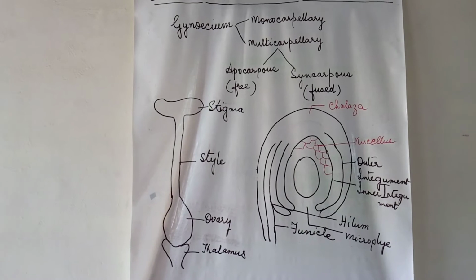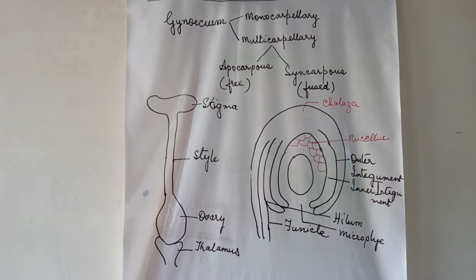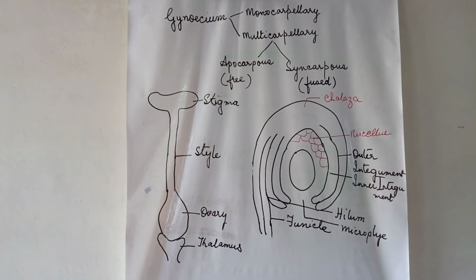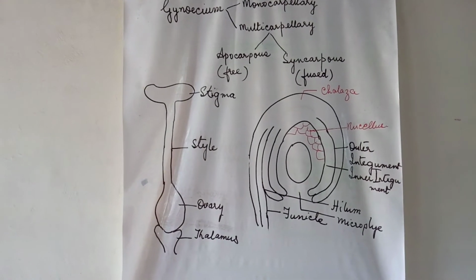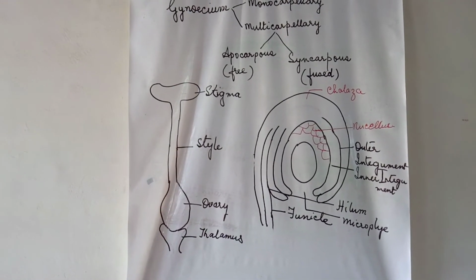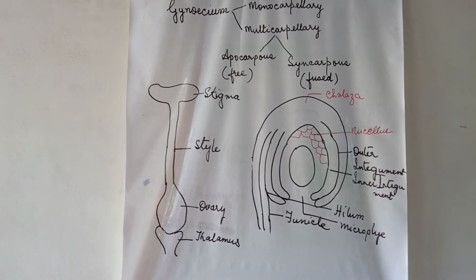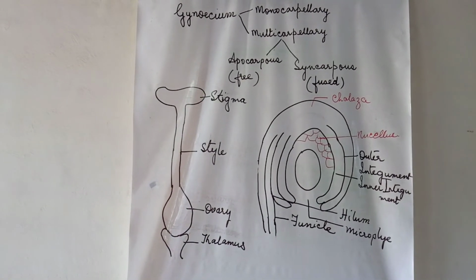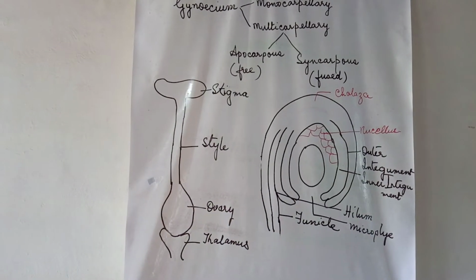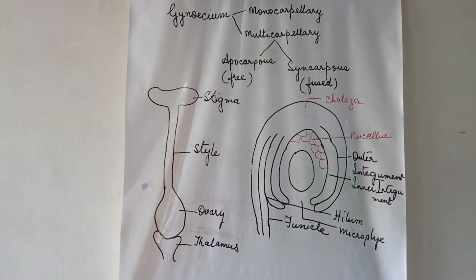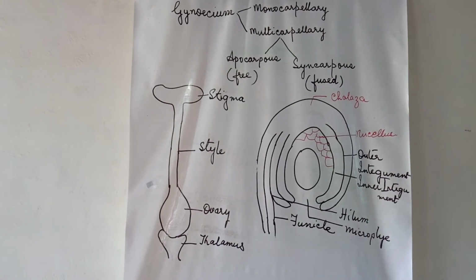Now students, before we proceed further, we must know what an anatropous ovule is. The body of the ovule is inverted, as a result of which the micropyle comes near to the hilum and faces the placenta or the base of the funicle. The micropyle and the chalaza are in the same vertical line.